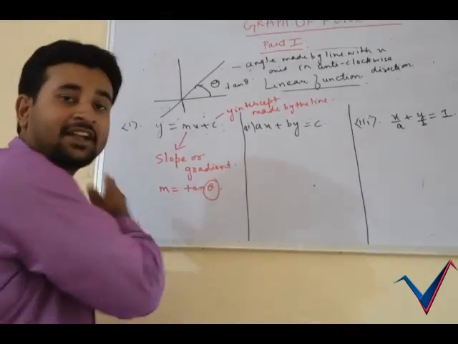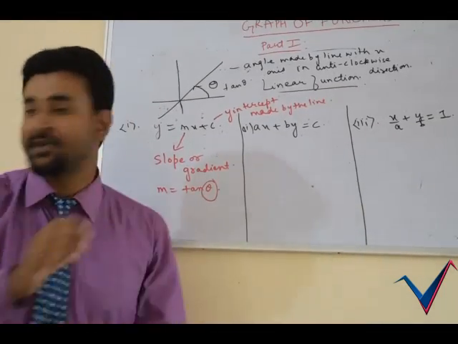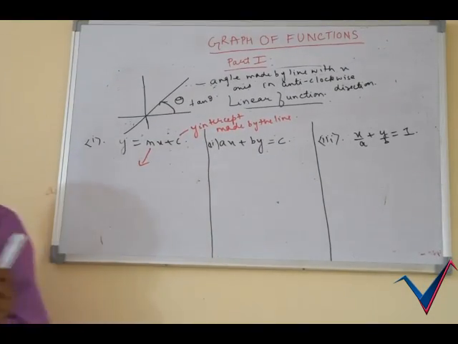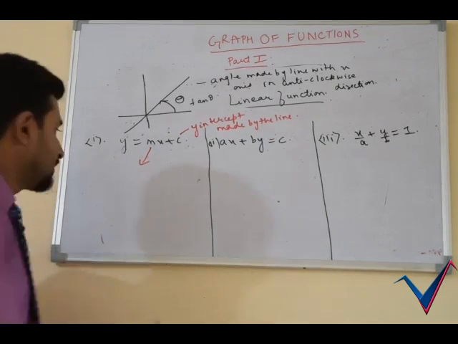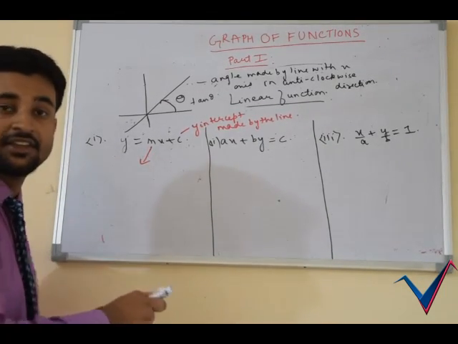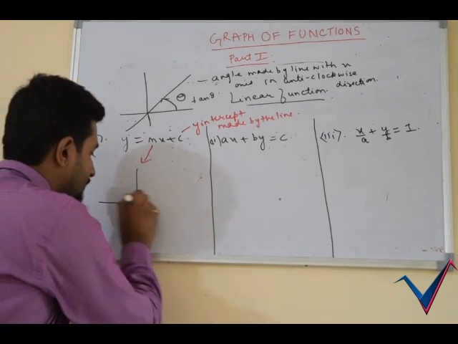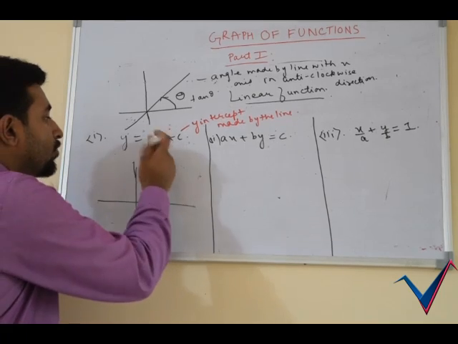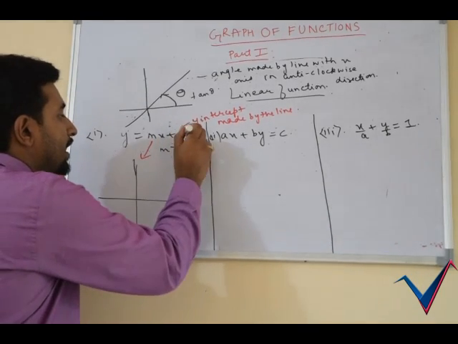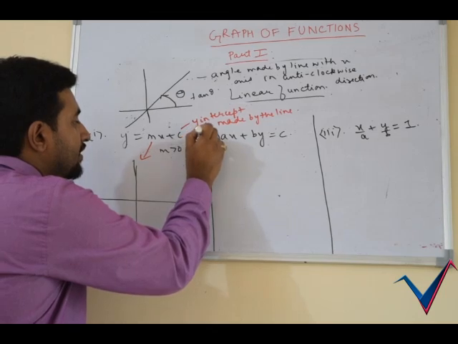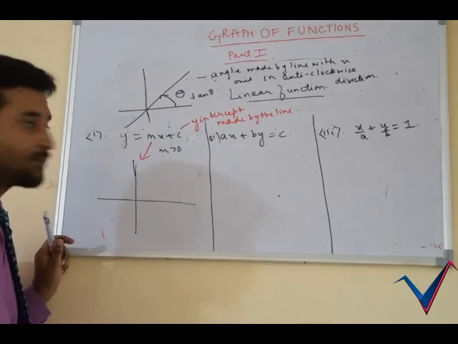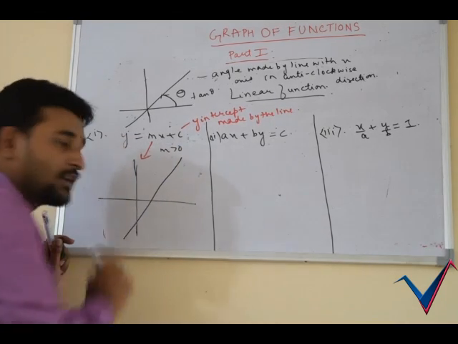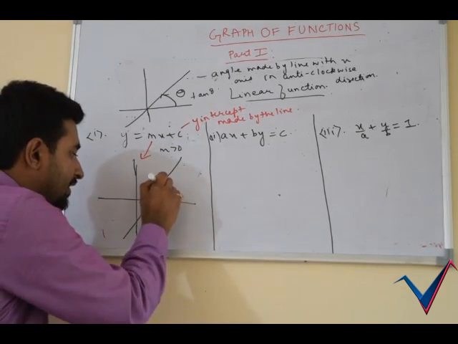Now we will see it graphically. What does each of the terms actually represent? The graph for this equation is simply in this manner. Suppose m is greater than 0 here. For the time being, I am not considering sign of c. Suppose you draw a graph like this. What will be the slope here? First you consider that theta.